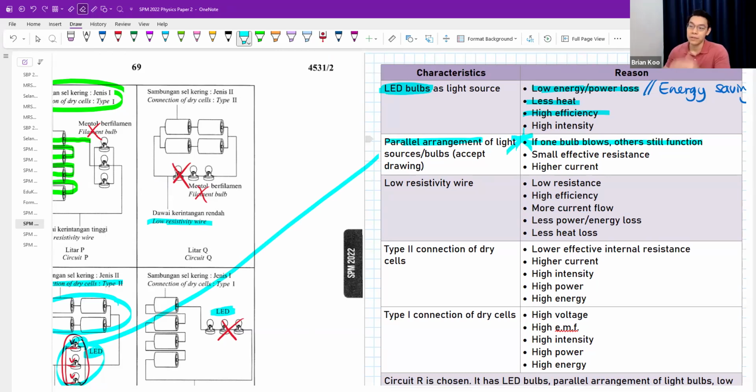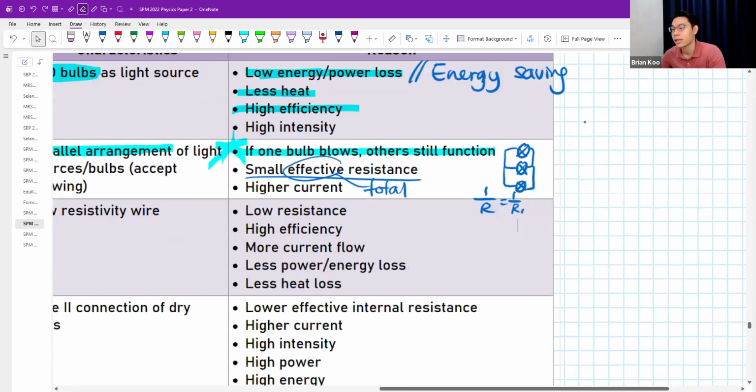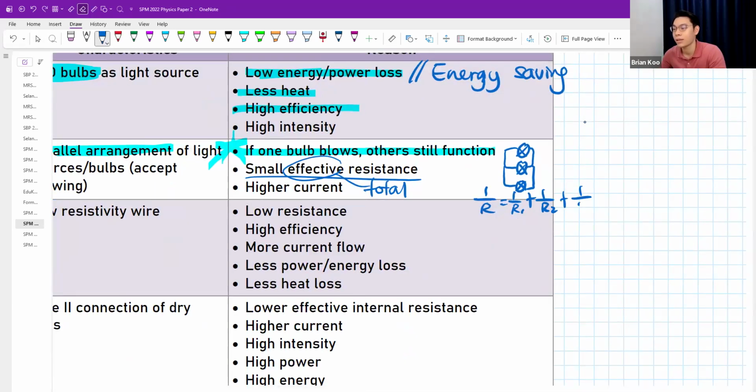Okay. If you have many parallel bulbs, the effective resistance, meaning the total resistance, will be smaller. Because if it's parallel, your bulbs look like this. And when you add up the resistance, you have to add one bulb plus another bulb plus another bulb like that.